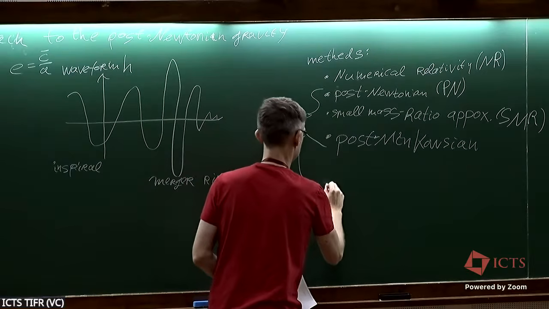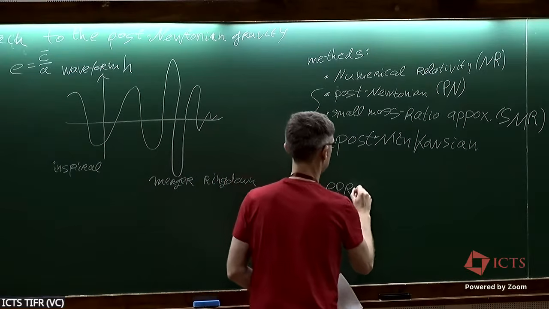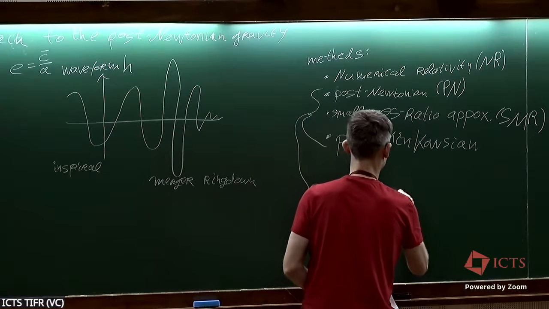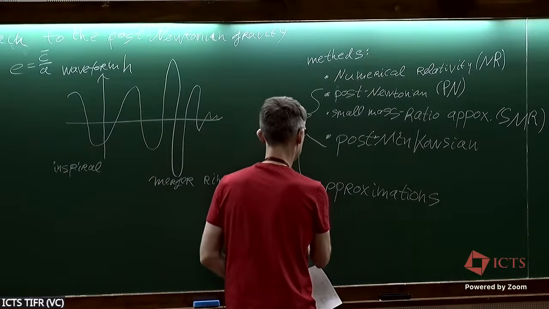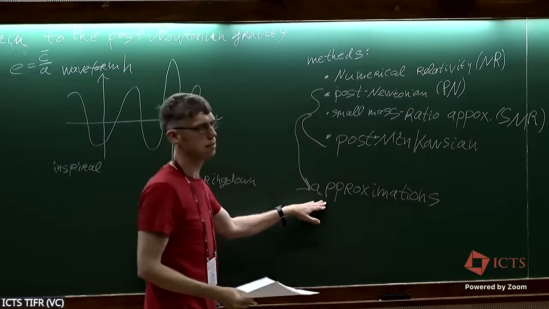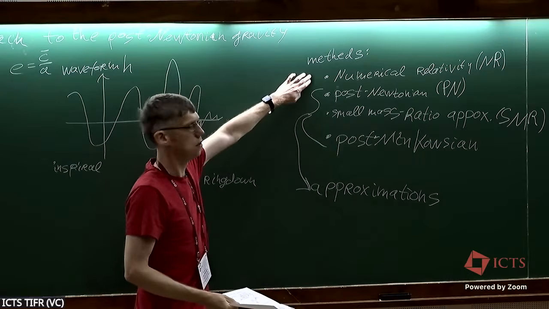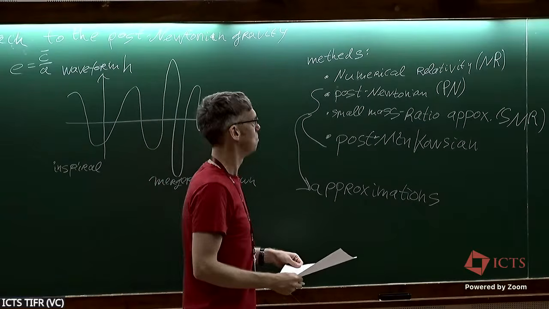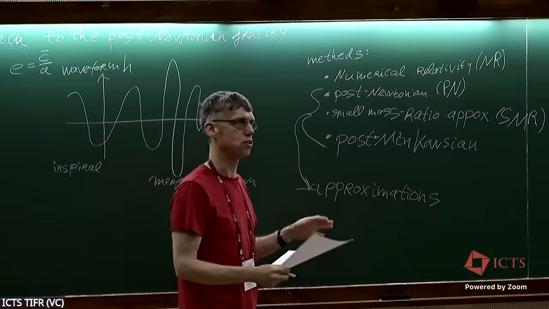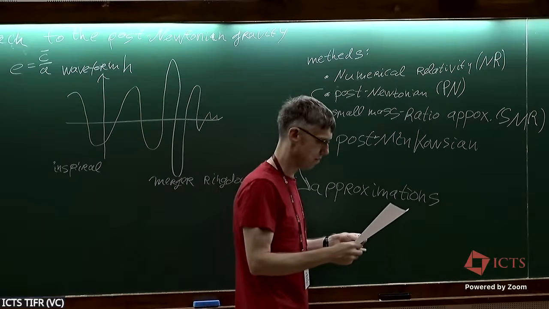Right. So these last three here, they are all approximations. So there's always some small parameter to expand in, whereas the first one is in some sense exact. It's an exact numerical approach. But of course, you also have a numerical error.